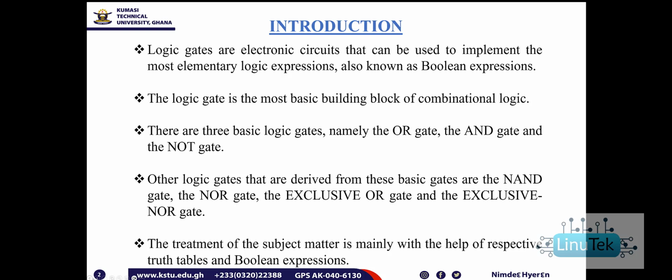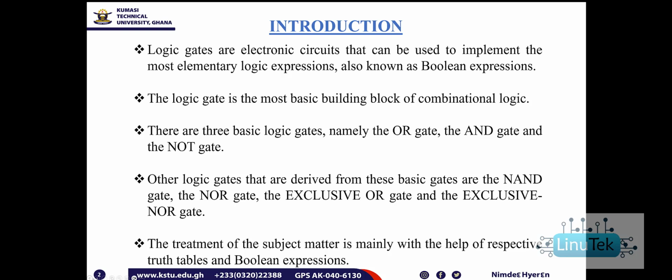Now, when we talk about combinational logic, we're looking at basically logics where we use different examples of logic gates together to perform a certain function. So the basic building block for a combinational logic would also be the logic gate.